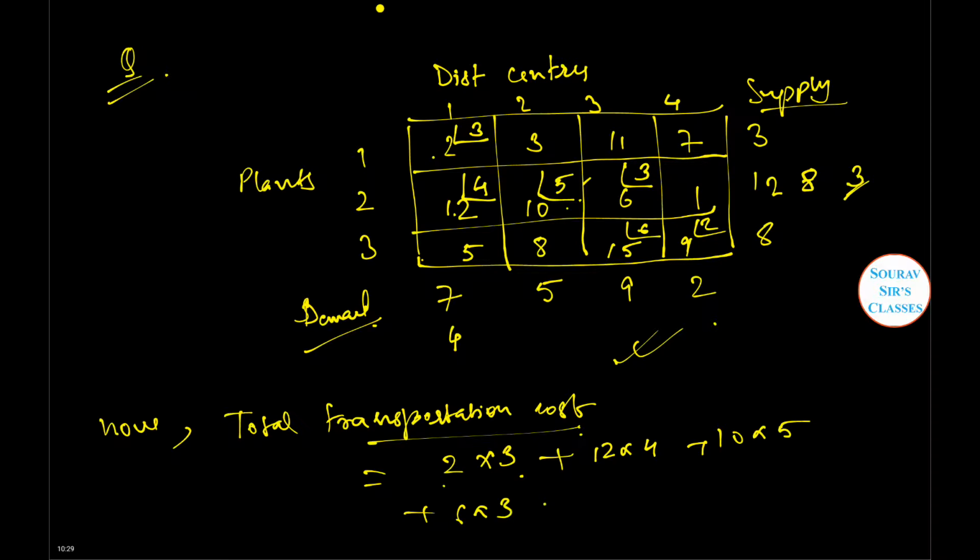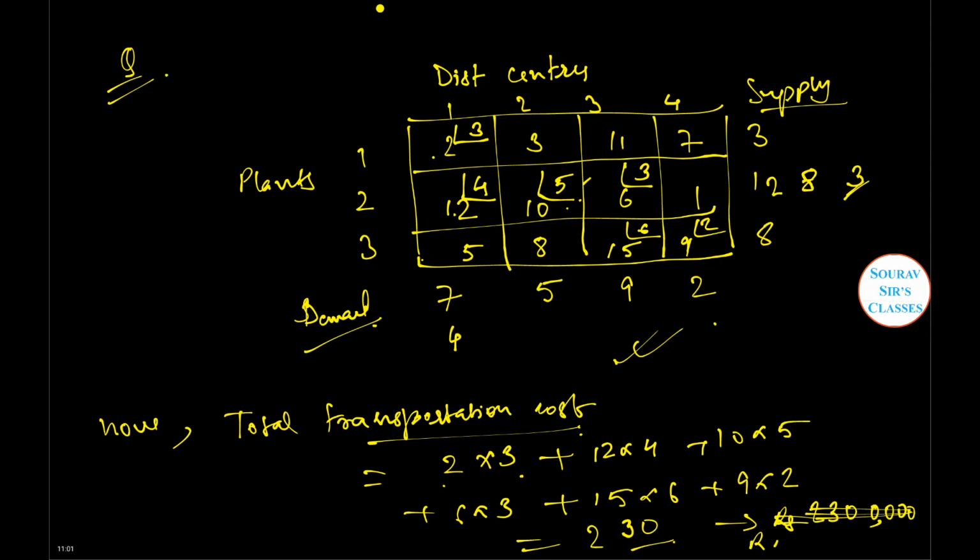Similarly 6 into 3 plus 50 into 6 plus 9 into 2, which is equal to 230, and converting we get rupees 2300,000. Sorry, I put 1 zero extra. It will be rupees 2,30,000. This is the answer.